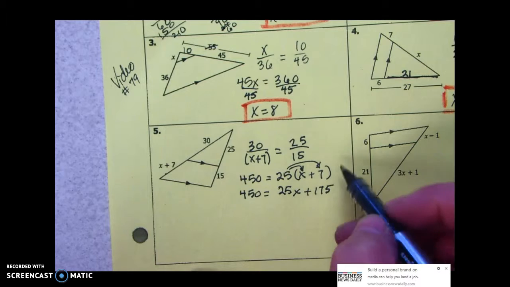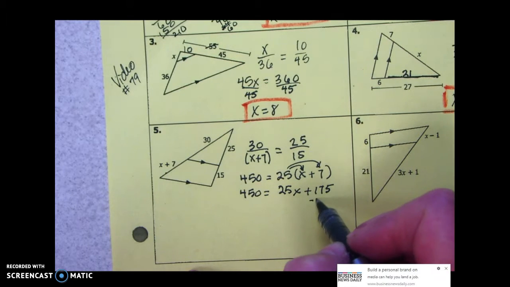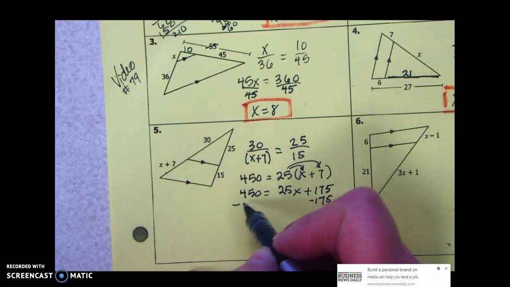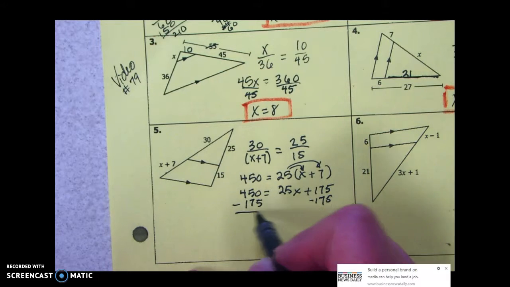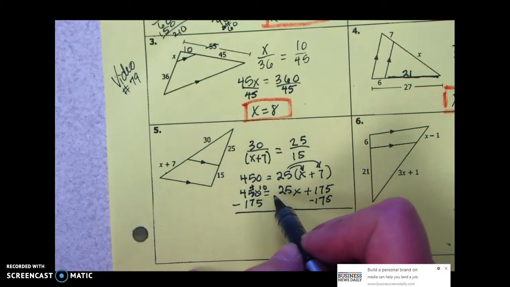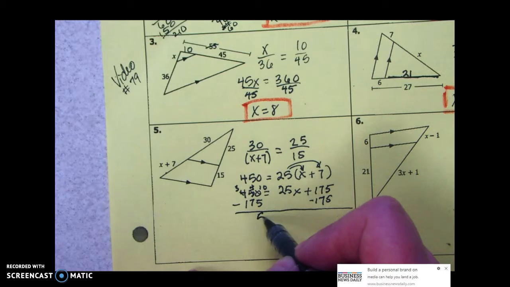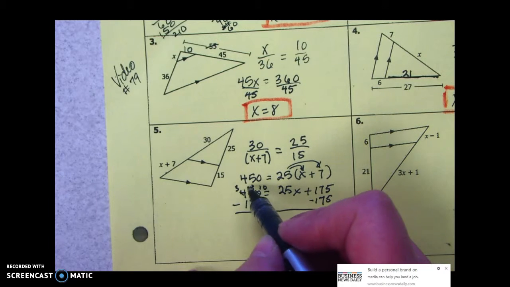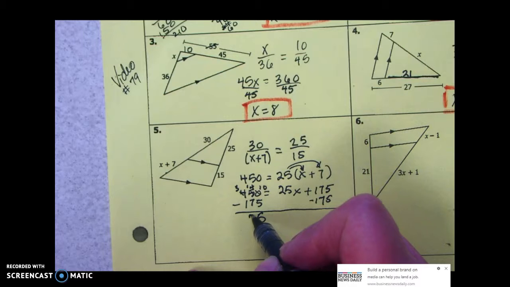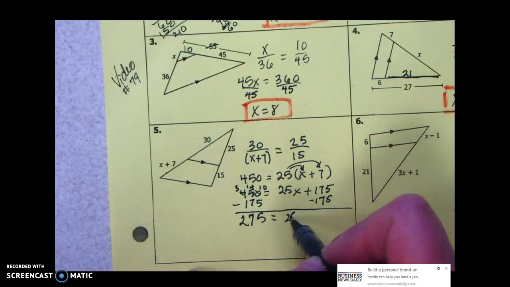Okay, now 450 equals 25x plus 175. I'm going to bring the numbers on one side, so subtract the 175. And that's a 10, that's a 4. That's a 3. So 10 minus 5 is 5, 14 minus 7 is 7, 3 minus 1 is 2. 275 equals 25x.